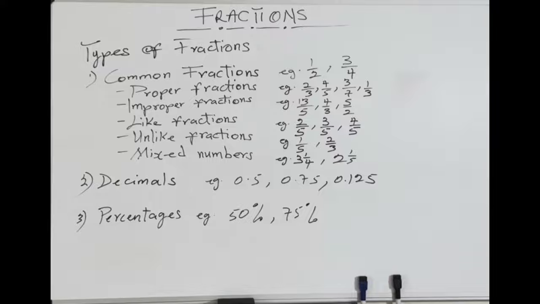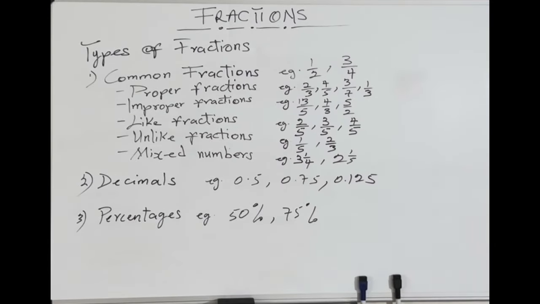We write them as one number over another. The top number is called the numerator. The bottom number is called the denominator. The denominator gives you the name of the fraction. It tells you how many equal parts there are in the whole one.